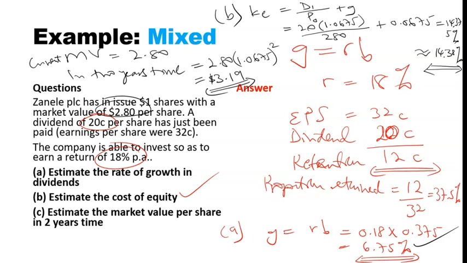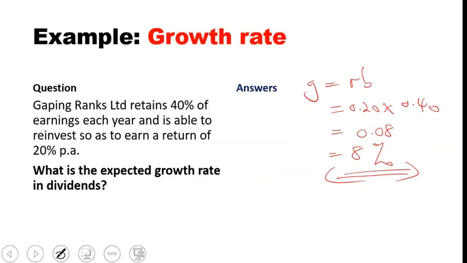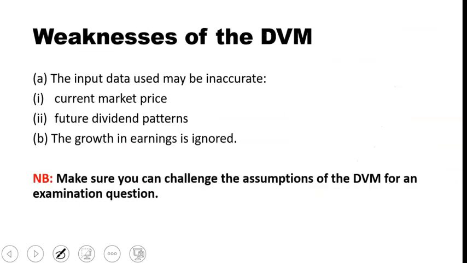All right, all this said, what are the weaknesses of the DVM? The input data used may be inaccurate. The current market price, we do not know how accurate that price is. And then the future dividend patterns, sometimes the growth rate could not be constant as we think.